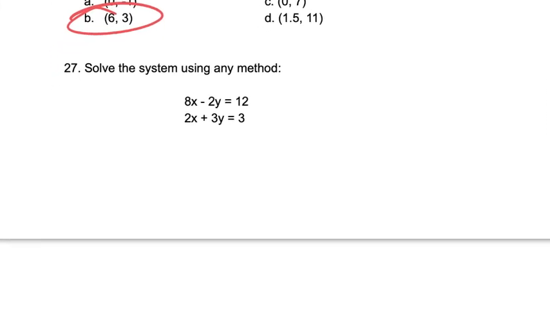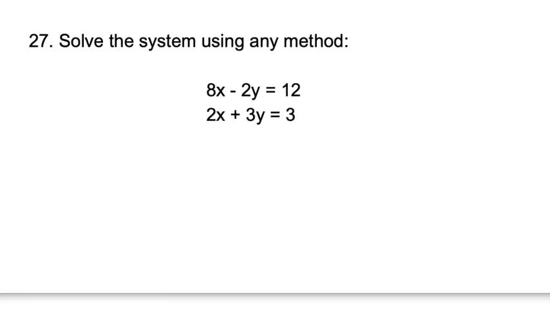And then problem 27, solve this by any method. Let's see here. I could divide this all by 2 and make it smaller, but still nothing would really line up and eliminate. I think I'll just take this equation times negative 4, because that'll give me a negative 8. So the first equation I'm going to leave, 8x minus 2y equals 12.